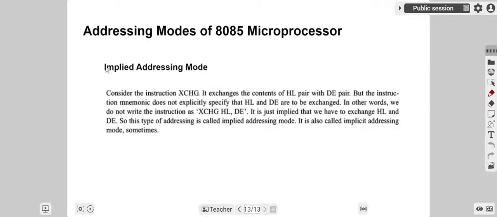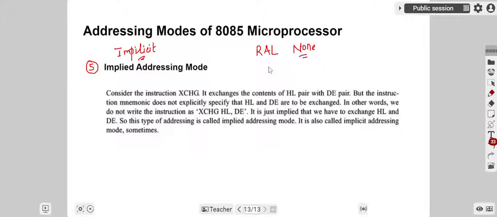The fifth, last but not the least, is implied addressing, or it is sometimes called implicit addressing. One and the same thing. Implied addressing is that addressing where no operand is provided with the instruction, where it has been written none. For example, RAL, and the operand here is none.